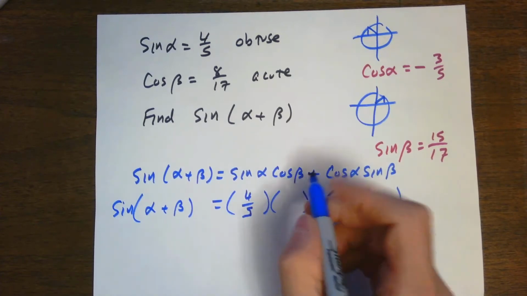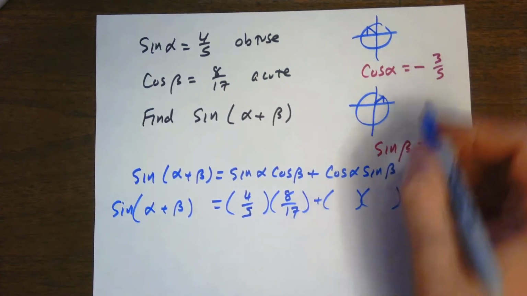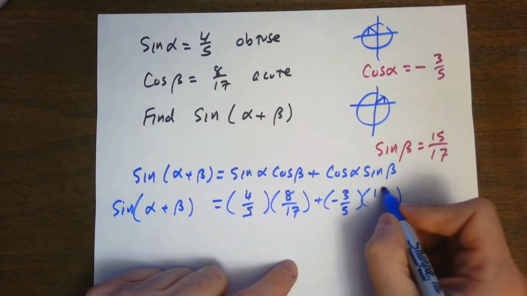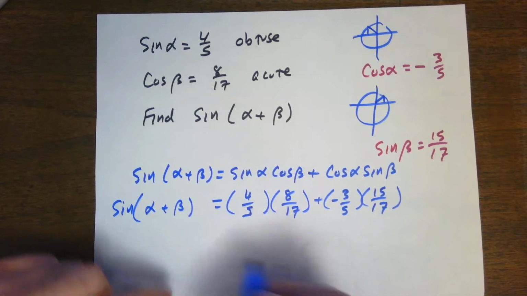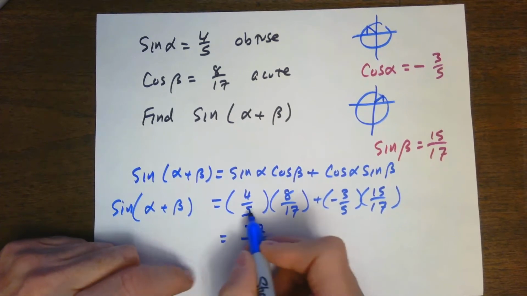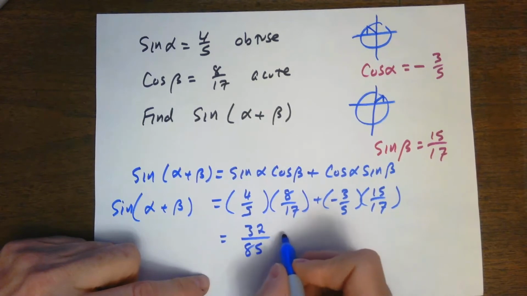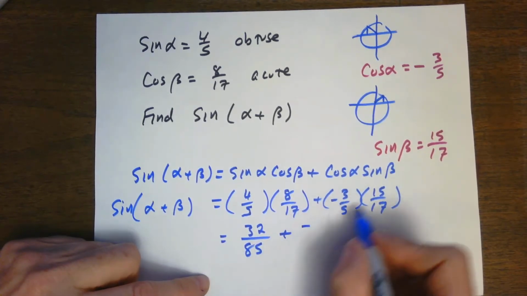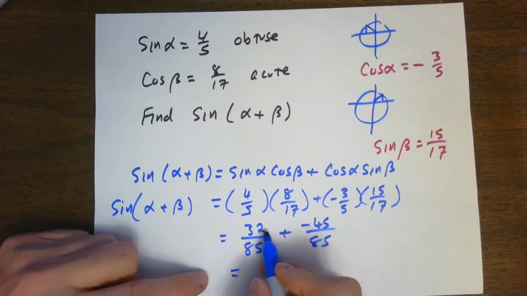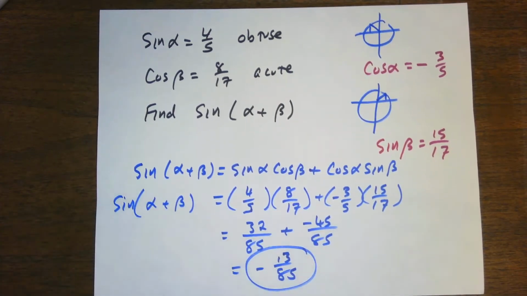The cosine of beta was given as 8/17 times the cosine of alpha. I calculated that to be negative 3/5, and the sine of beta I calculated to be 15/17. So let's see, what am I getting here? 4 times 8, 32. 17 times 5 is 85. Plus, minus a negative 45 over 85, negative 45 and 32, negative 13/85, the exact value. Oh gosh, there it is.